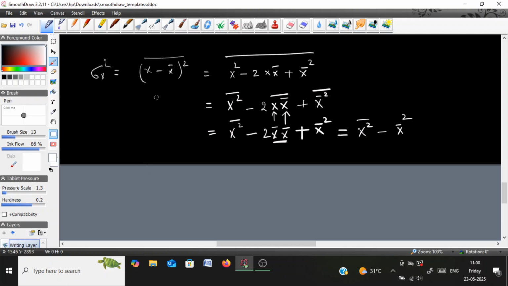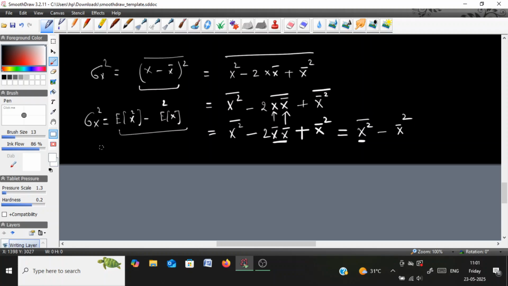So you can say the variance of the random variable, sigma x square, can be written as E of x square, which is the mean square value, minus the square of the mean, that is (E of x) square.